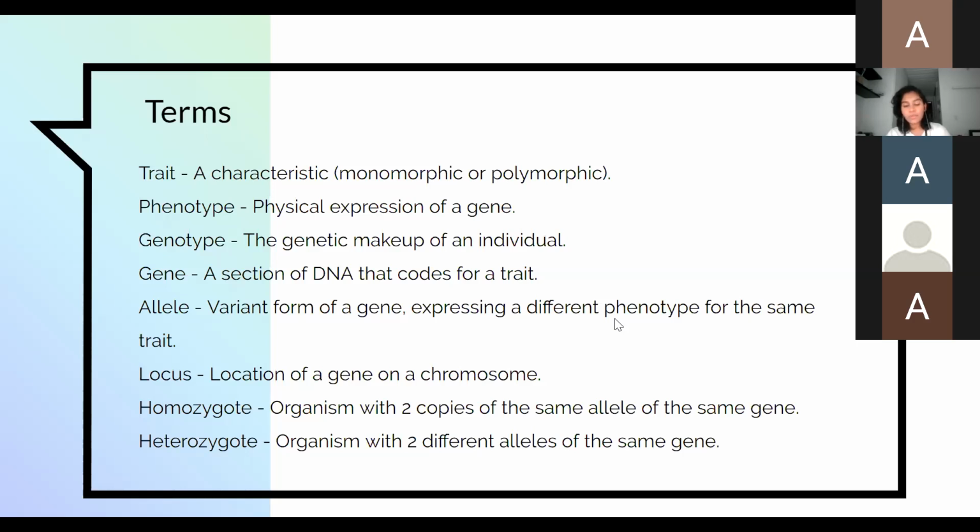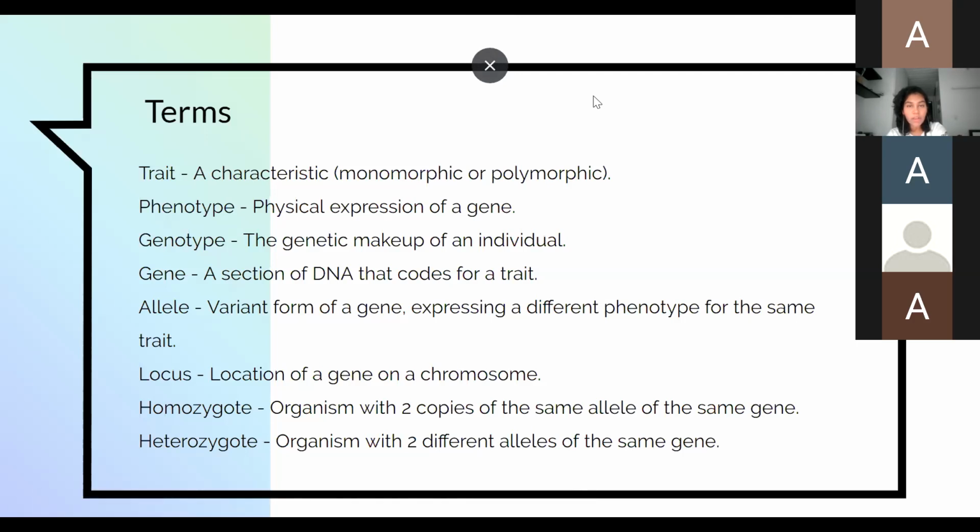What that means is in your chromosome, one chromosome or one chromatid can have the gene that codes for brown eyes, and on a different chromosome, on the same location, you can have a gene that codes for blue eyes. So that's what an allele is. It's the same gene, but a variant form of a gene that expresses a different phenotype. And then locus is the location of a gene on a chromosome.